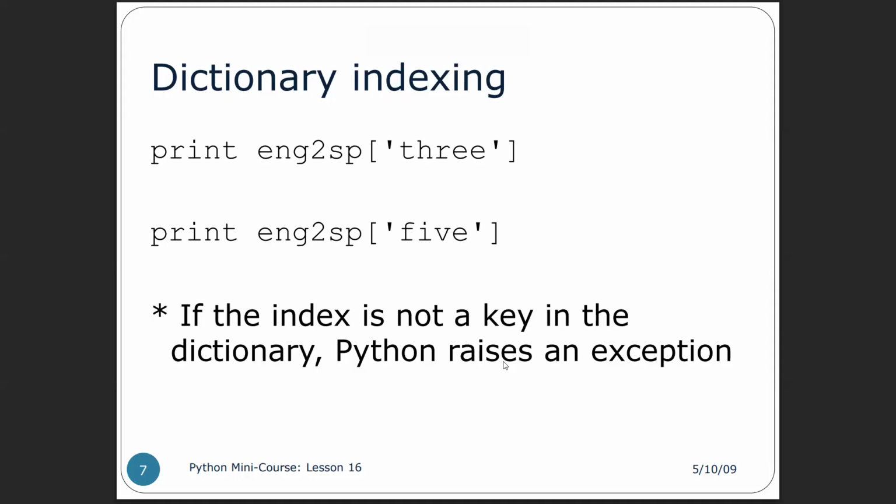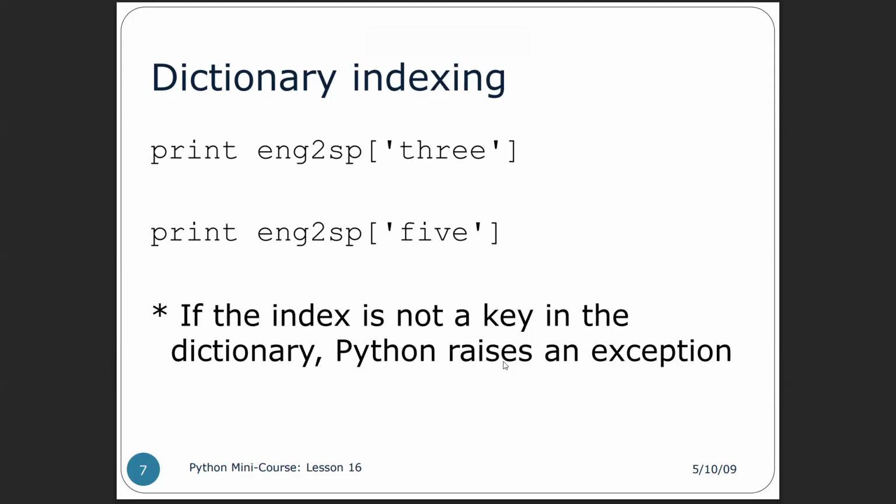Coming to lists and tuples, integer is the indexed value, but coming to the dictionary, key is the indexing one. So whatever the key values that are there in the dictionary, those are the indexing values.